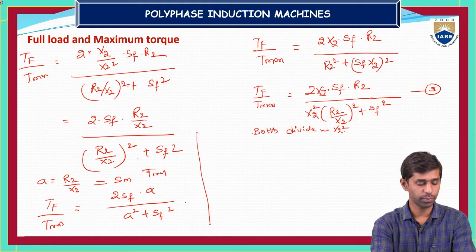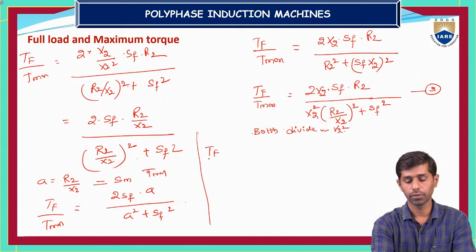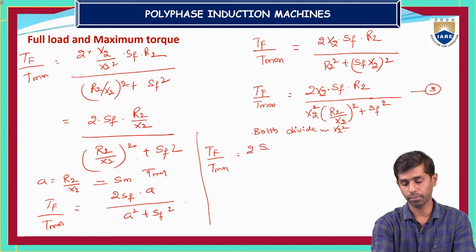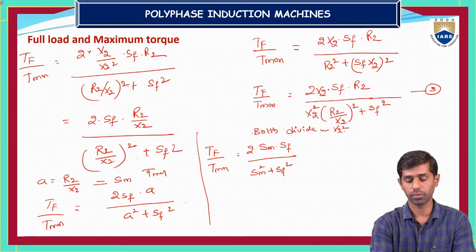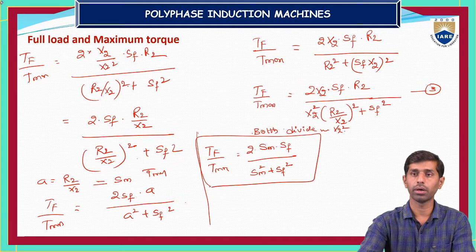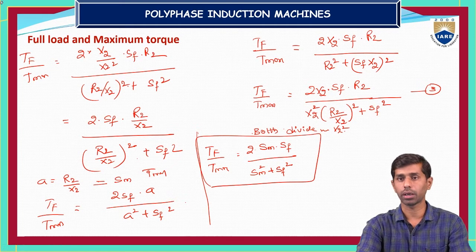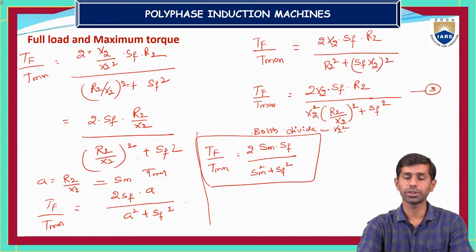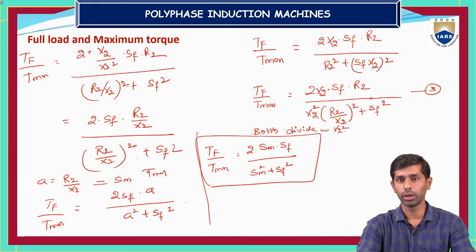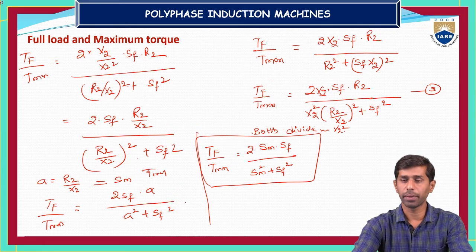So in this expression we can also substitute, TF by T maximum equals 2 times Sm, the slip maximum, into slip at full load condition, divided by slip maximum square plus slip at full load condition square. We know that slip maximum Sm equals R2 by X2, which corresponds to the maximum torque condition.